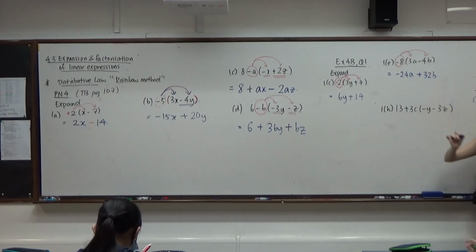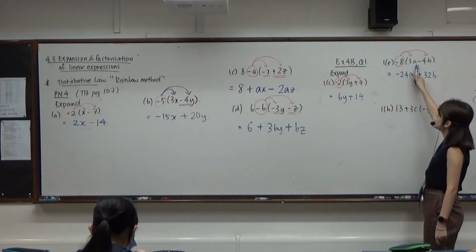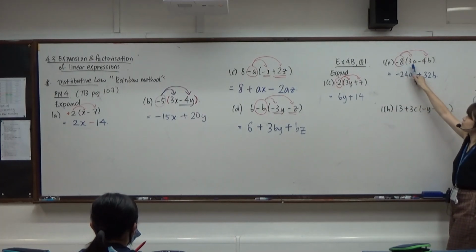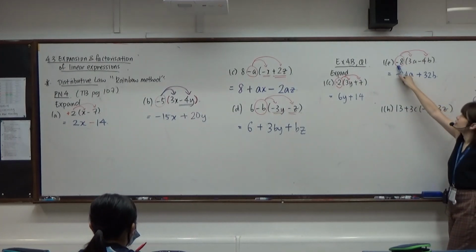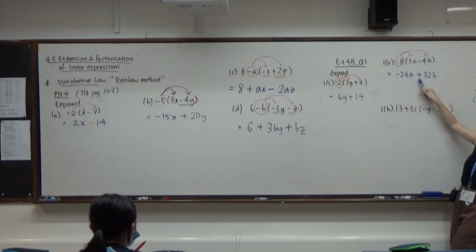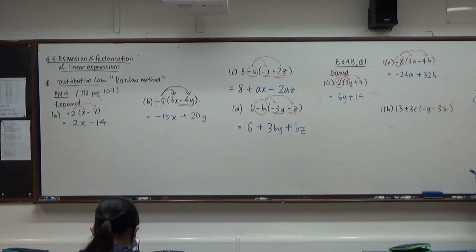Do we all agree with this? Anybody disagree? Yes. So negative 8 times 3a, negative and positive gives us a negative. 8 times 3 gives us 24. Negative 8 times negative 4b, negative times negative gives us positive. 8 times 4 gives us 32, so we get 32b. Therefore our answer will be negative 24a plus 32b.